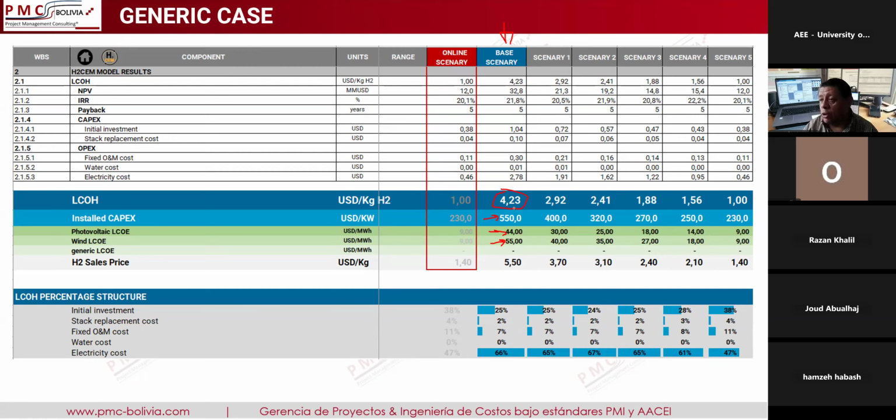So what should happen to move from this value to $1 per kilogram of hydrogen? Two very important and critical issues: a drop in the installed capex and a drop in the cost of the energy supply.